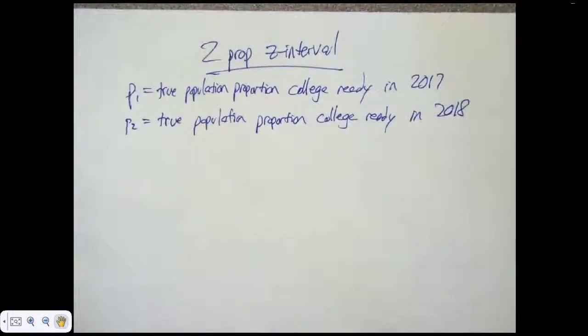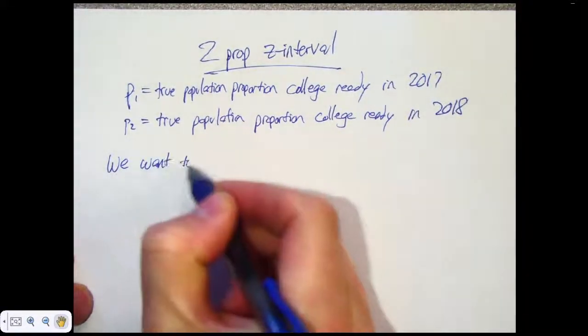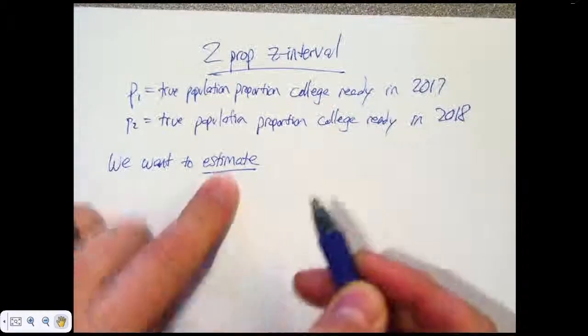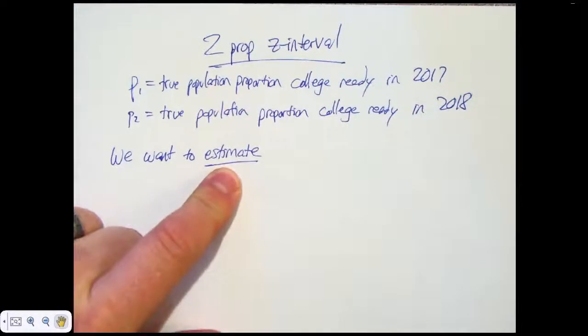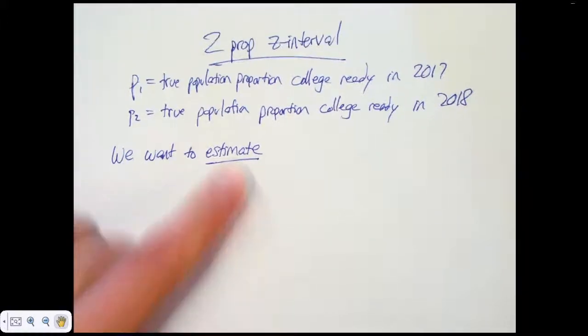Okay, and then kind of my thesis statement, right? We want to estimate. This is a word a lot of people miss on the test. So we're just trying to make our best guess, whether it was a 1 sample or 2 sample or whatever. Some people said that we want to find. We're not really finding. There's no way I can find out the population information. I'm just guessing at what it is based on what I know.